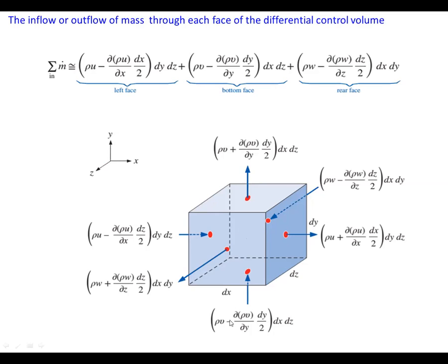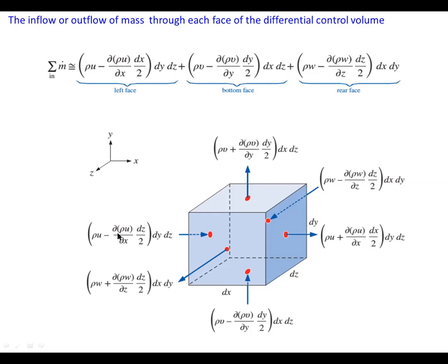On the left side, the mass flow in is equal to rho u into this area. You get a mass flow rate minus a small differential amount, either leaving or adding.